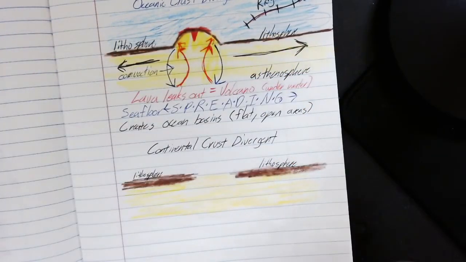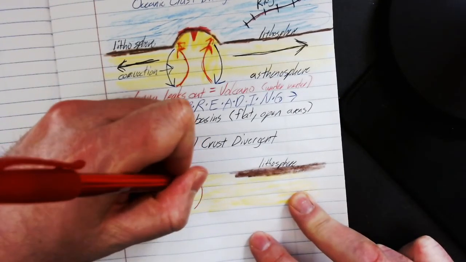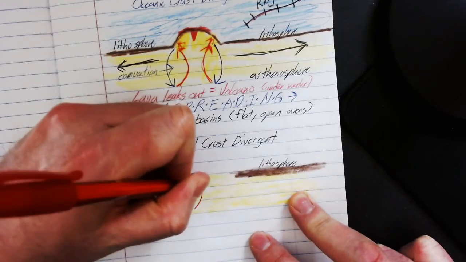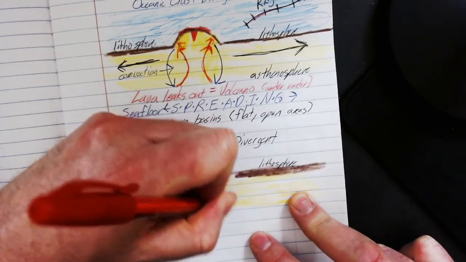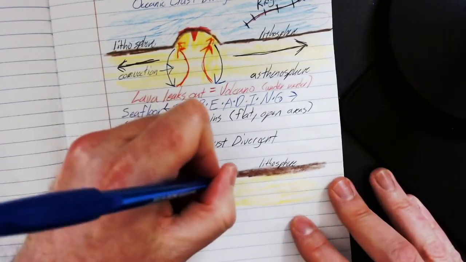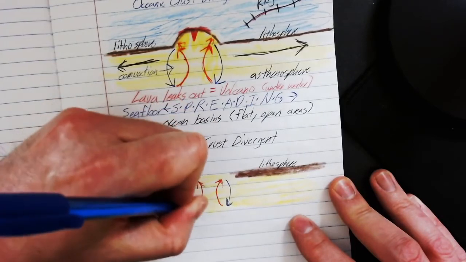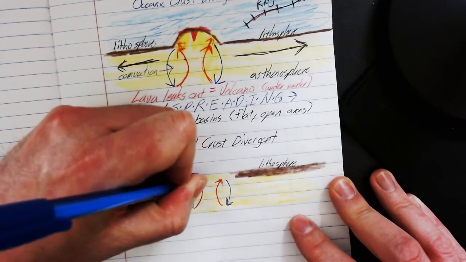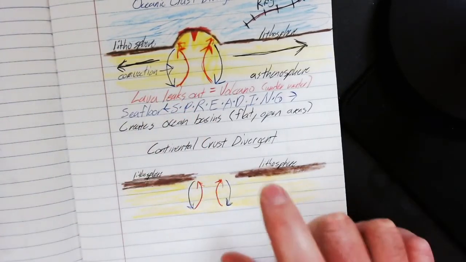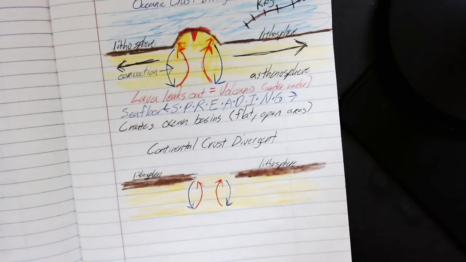And just like with the ocean crust, you have the convection. So you have the warm magma, the warm rock rising, and then the cool rock sinks. But there's a difference. The crust of the land is much thicker, and it's not as flexible.